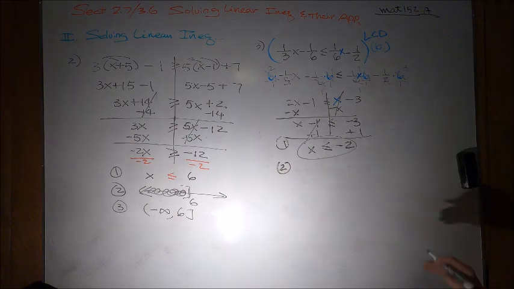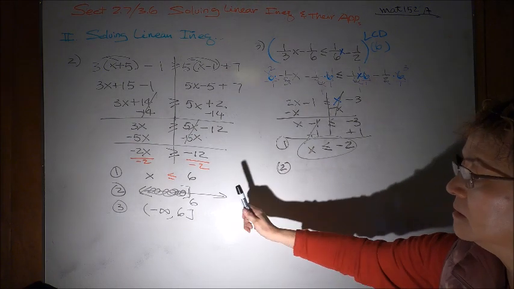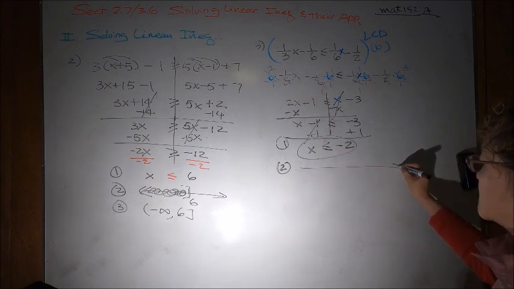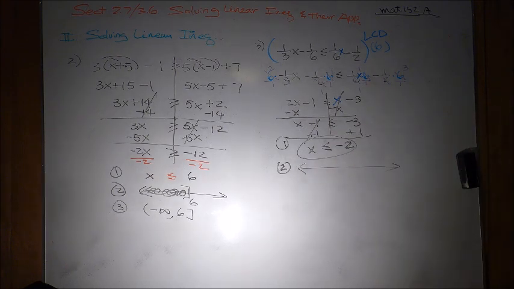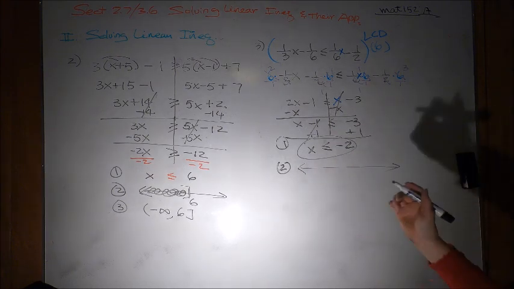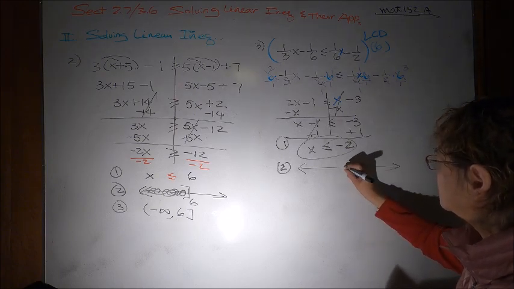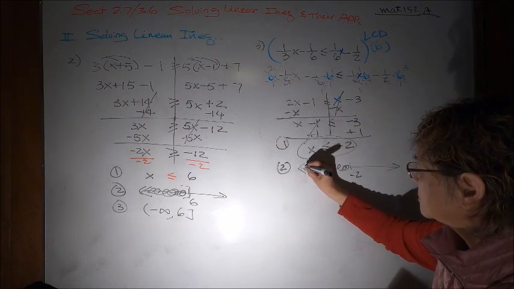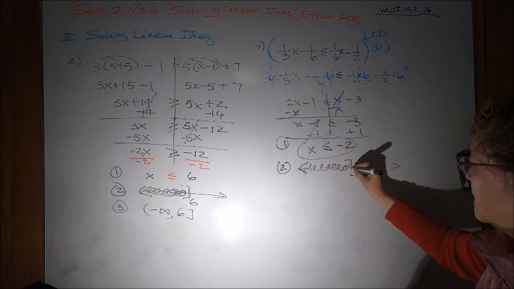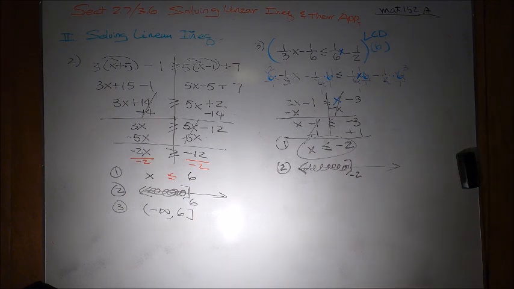Then we will describe it with what? Graphs, right? That would be what? Less than, that's your negative 2. And you will do what? Go left and include the negative 2.